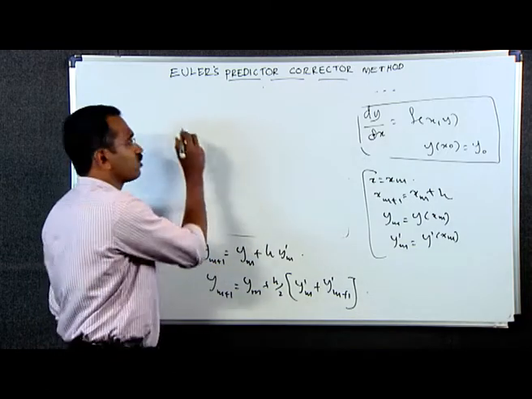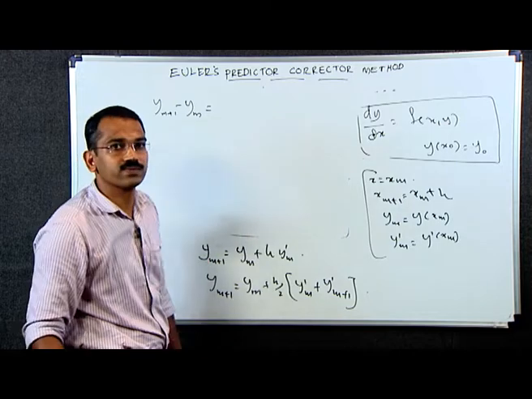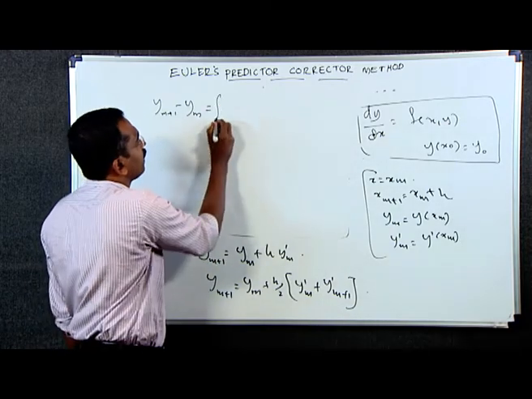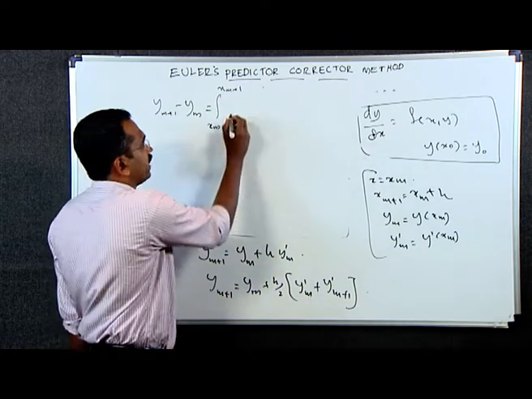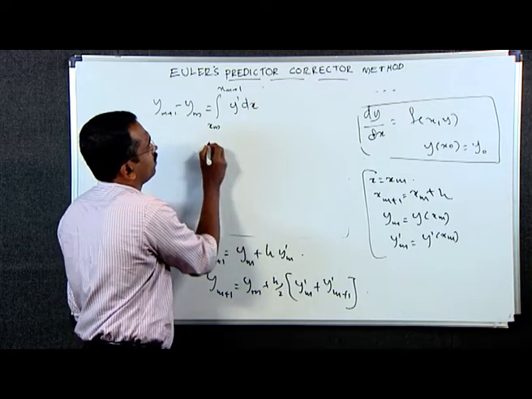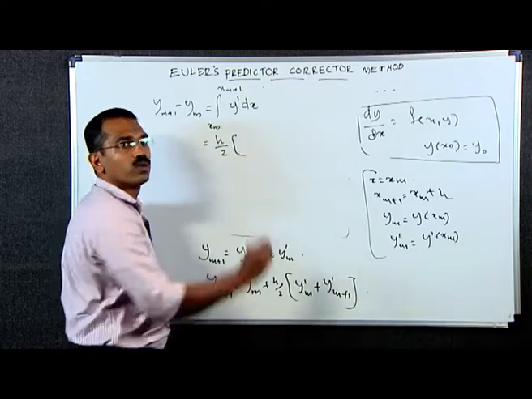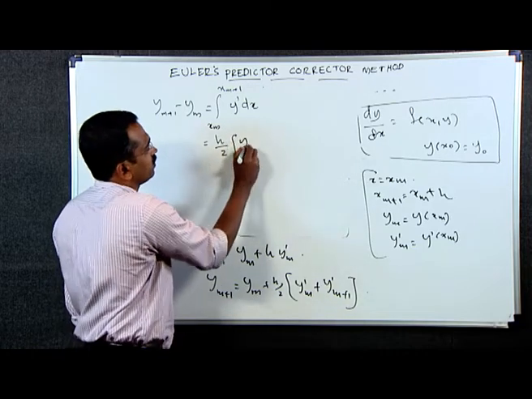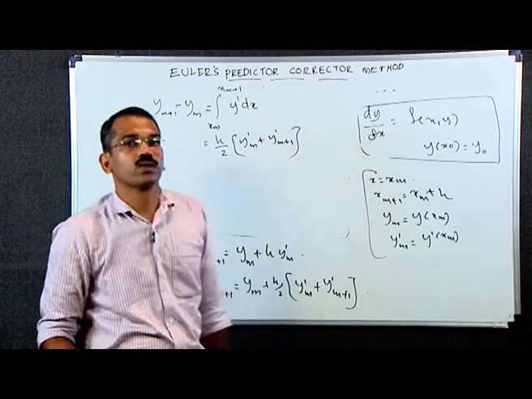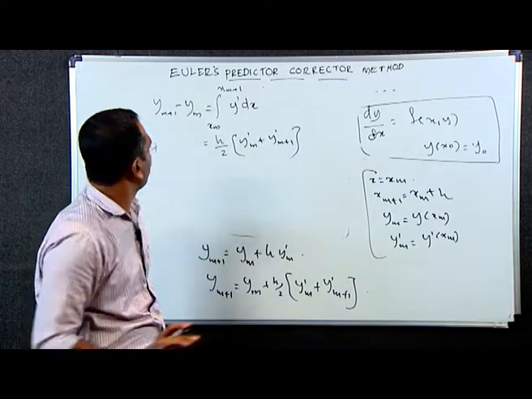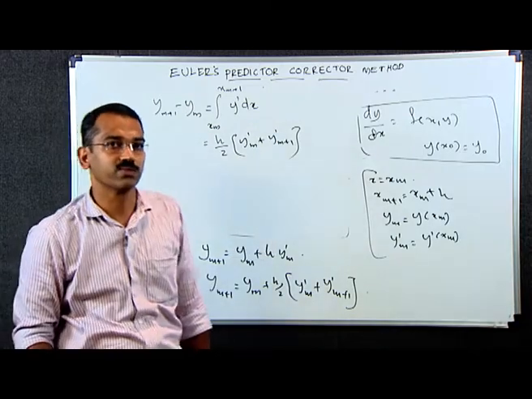That is, ym plus 1 minus ym can be written as integral from xm to xm plus 1 of y dash dx, that is equal to h by 2 into y dash m plus y dash m plus 1. This is from the trapezoidal rule of integration, that is, ym plus 1 is equal to ym plus h by 2 into y dash m plus y dash m plus 1.